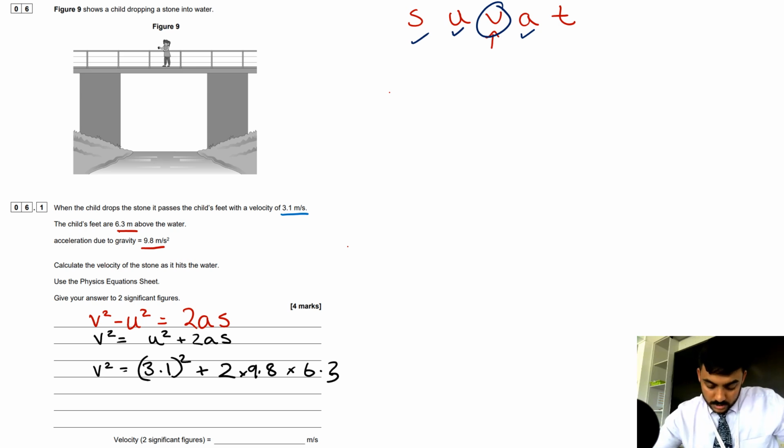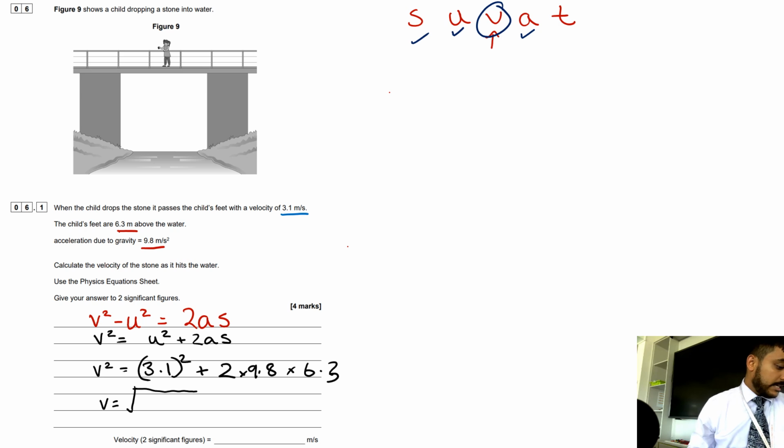So once I calculate that, I find that V is equal to the square root of all of those. Using my calculator, I find that 3.1 squared plus 2 times 9.8 times 6.3 gives you an answer of 133.